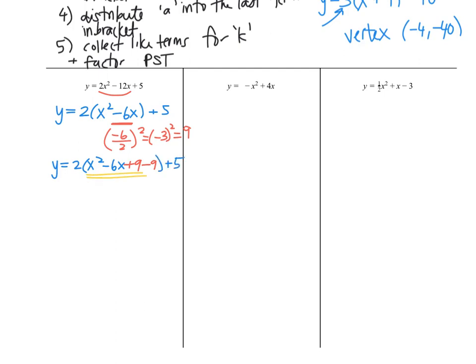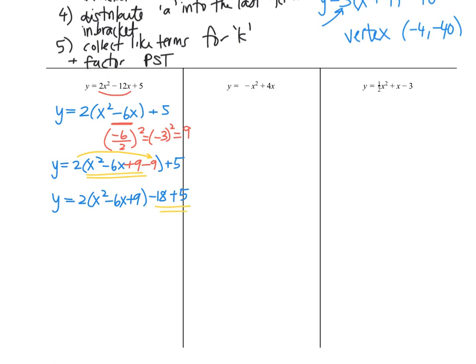Now this trinomial is super important to me. That's going to become my bracket squared, meaning the negative 9 is useless. So I'm going to kick it out by multiplying it by that 2. So I'm being selective of what gets kicked out and what stays in. So 2 times negative 9 is negative 18. And don't forget the plus 5 is still there.